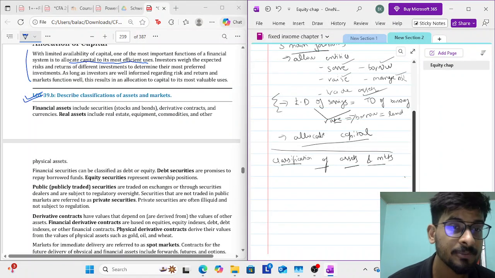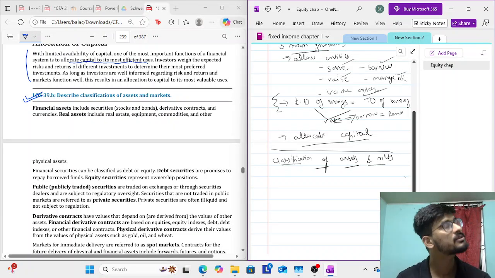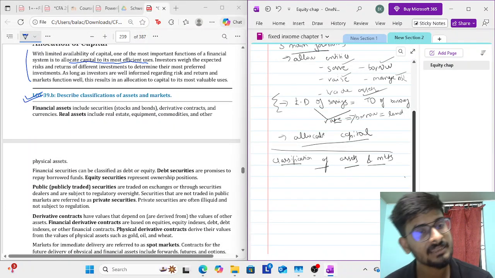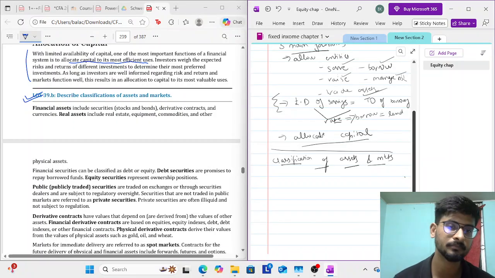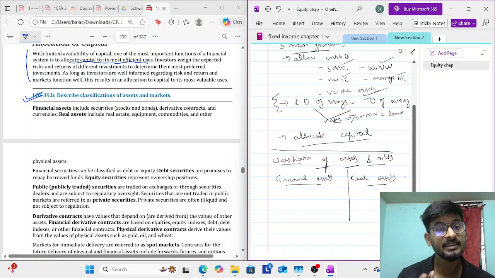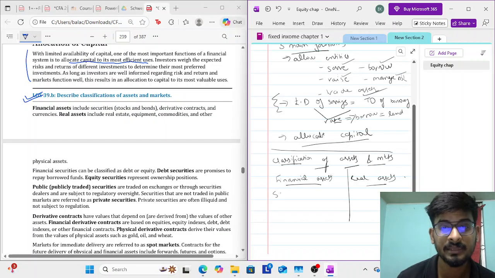So there are two types of assets. Now we are learning the classification of assets. So there are two classifications, financial assets and real assets. Now financial assets, what all they include?